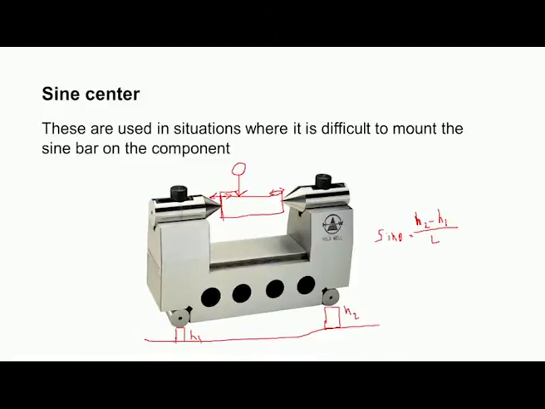So, we should place the tapered component here between centers.